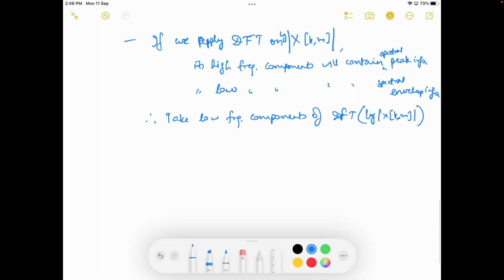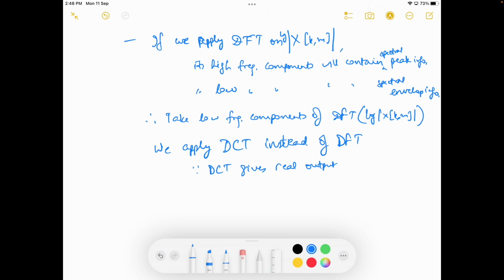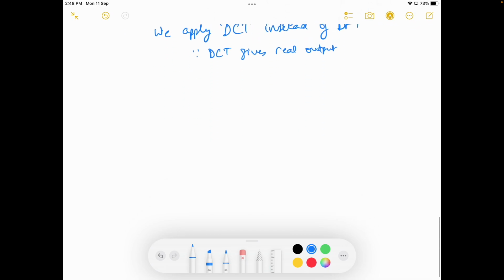Okay, this is the final conclusion where we are heading to, but why we are heading there. So let's now discuss what is DCT, discrete cosine transform.